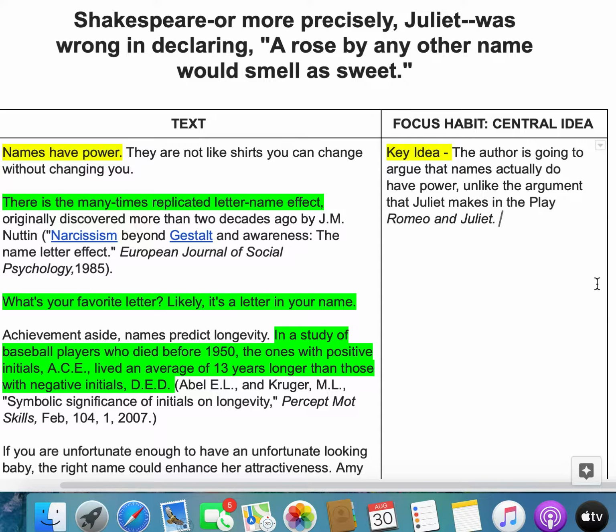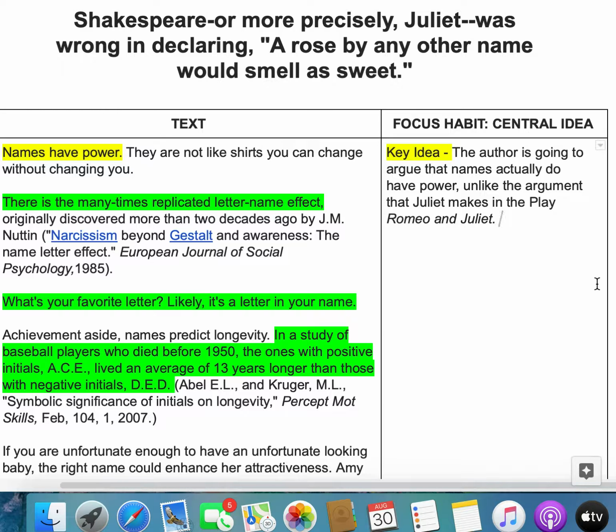The author says, "There is the many times replicated letter name effect, originally discovered more than 2 decades ago by J.M. Newton." Okay, so if this is going to be a central idea, it needs to spread across multiple paragraphs, and it's got to be related to the key idea that names have power. So let's see if the author adds more details about this.